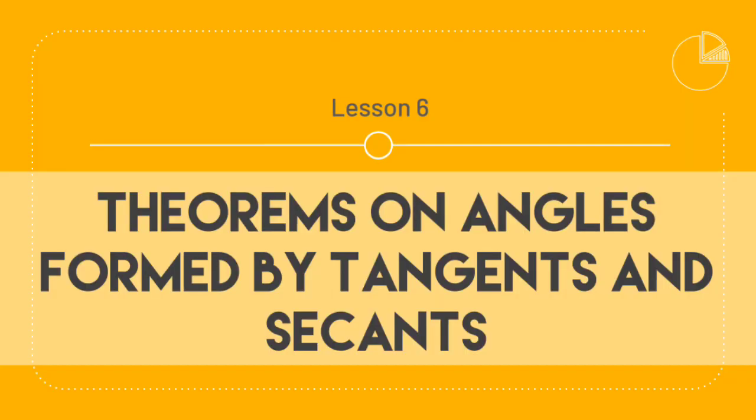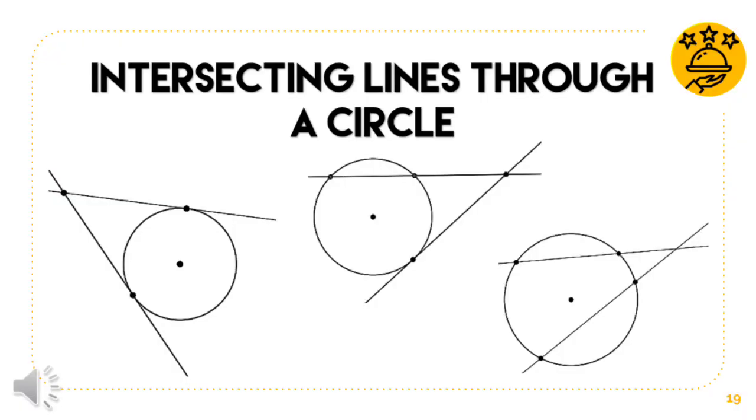Now at this point, we will be discussing the theorems on angles formed by tangents and secants. Intersecting secants and tangents form angles whose measures are related to the measures of the intercepted arcs. Here are three ways for those lines to intersect through a given circle. Case 1, the lines may intersect at the exterior of the circle.